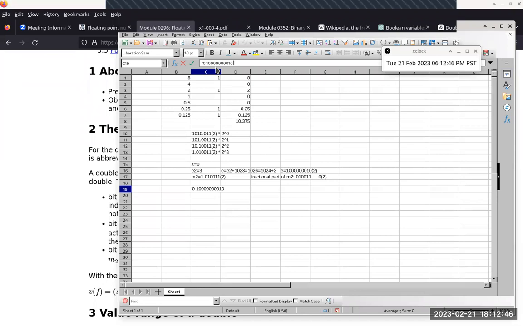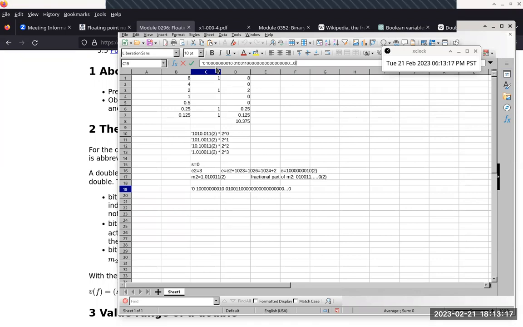So those are the 11 bits of E, which is E2 plus 1023 in binary representation. The rest of the bits are the fractional bits, right? The fractional part of M2, which starts with 0, 1, 0, 0, 1, 1, and then the rest all zeros.